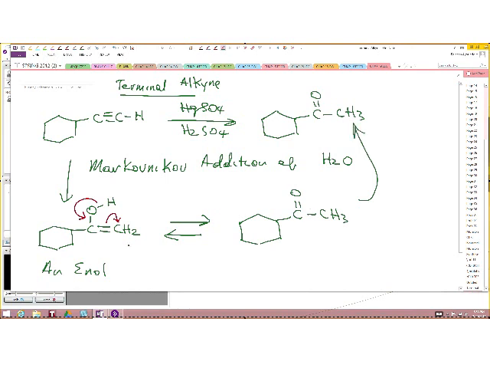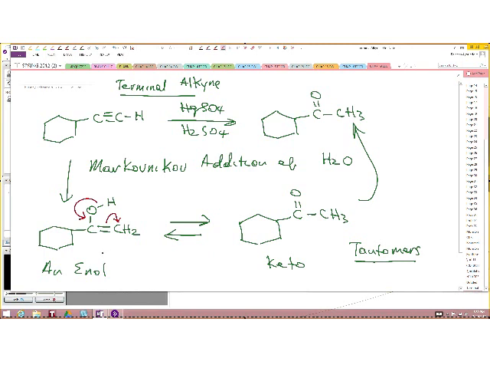Okay. Now, these two molecules here, the enol and this ketone here, we refer to each one of them as being tautomers of each other. Ordinarily, we would say they look like constitutional isomers.